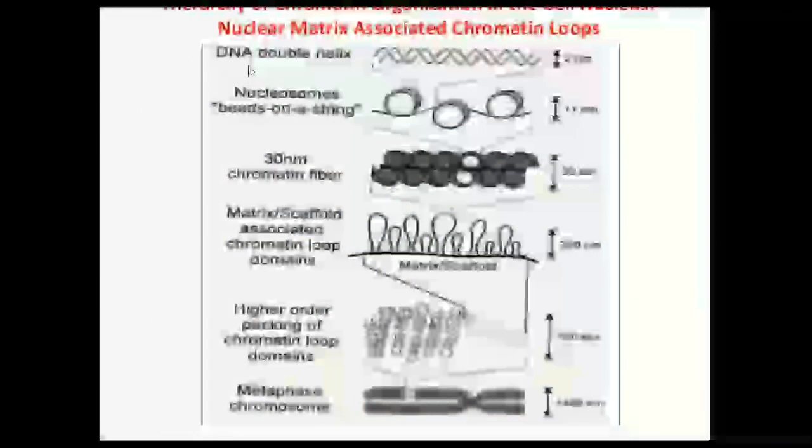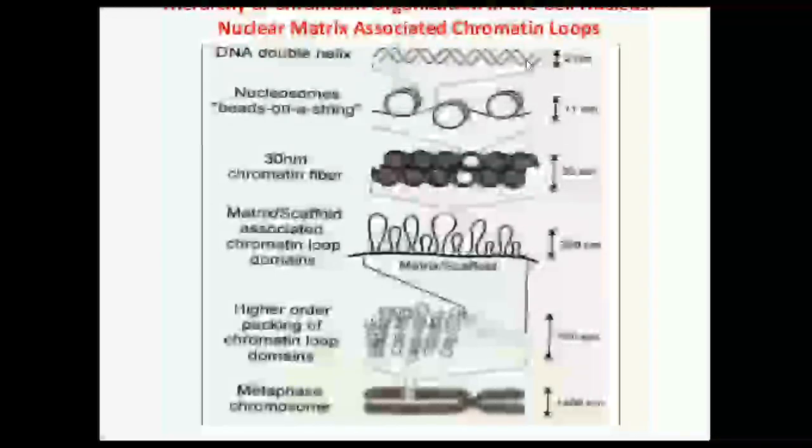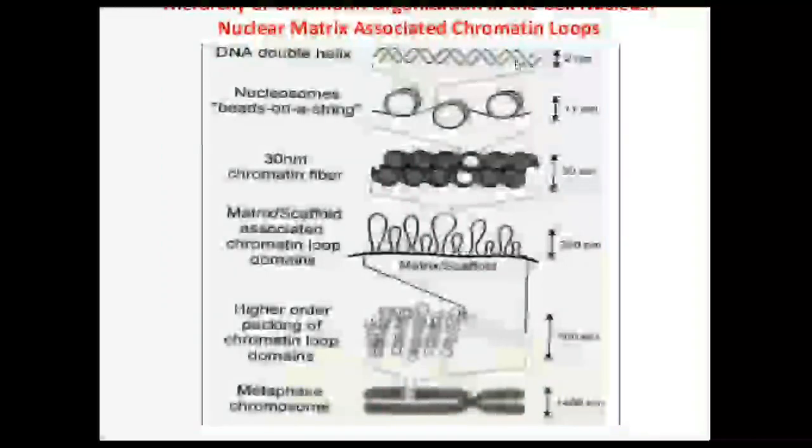So here the DNA double helix has a width of 2 nanometers and is made up of nucleotide base pairs. These base pairs are combined at this histone region, forming a nucleosome, which contains a histone protein along with DNA.